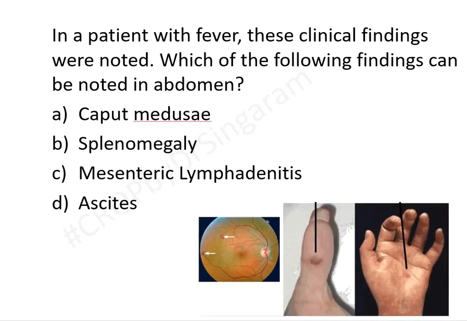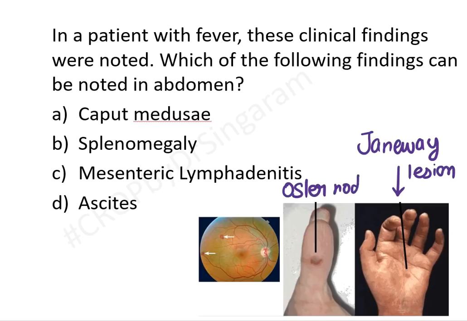In a patient with fever, these clinical findings were noted. Which of the following findings can be noted in the abdomen is the question. Now let us look at the clinical findings which are given. There are two clinical findings in the fingers. One is the red lesions in the palm, which are called Janeway lesions. Second, usually in the tip of the fingers, are the Osler's nodes, which are painful lesions.